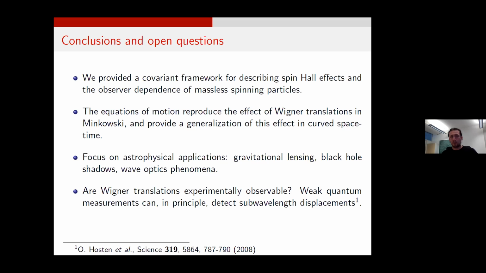Another interesting possibility, which would involve experiments on Earth, would be the following. Are Wigner translations experimentally observable? Even though this is a sub-wavelength effect, weak quantum measurements, for example, can in principle detect such displacements, and this might be a possibility. Thank you very much for your attention, and I'm looking forward to any questions.